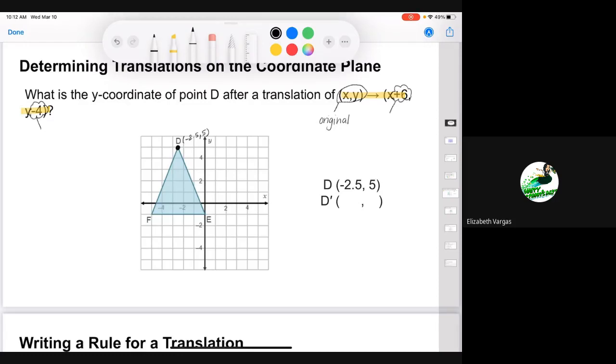What this is telling me to do is to directly add 6 units to my x and subtract 4 units from my y. So -2.5 plus 6 is 3.5, and 5 minus 4 is 1. So I directly do what it's telling me to do to my original x and y, therefore giving me my resulting coordinate. Okay? And basically, I would do that for each of the different vertices here, and I would see where that thing gets translated. All right? Any questions here?